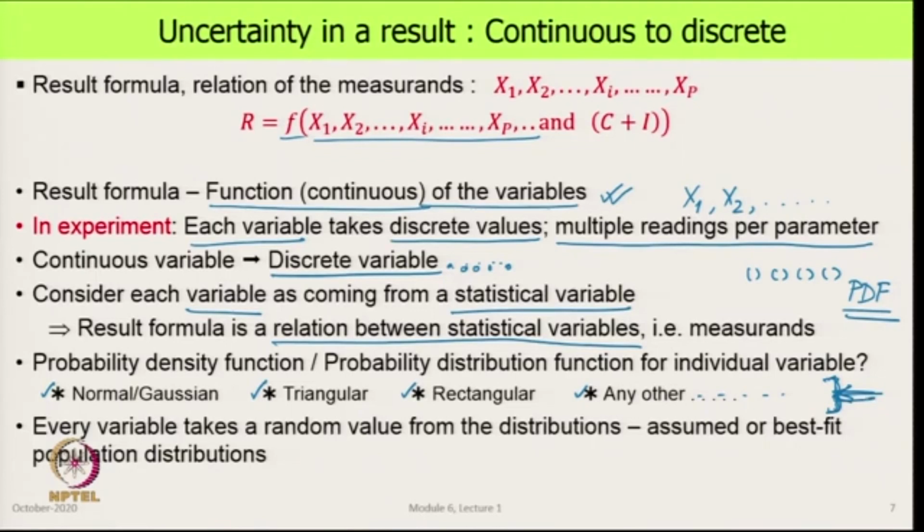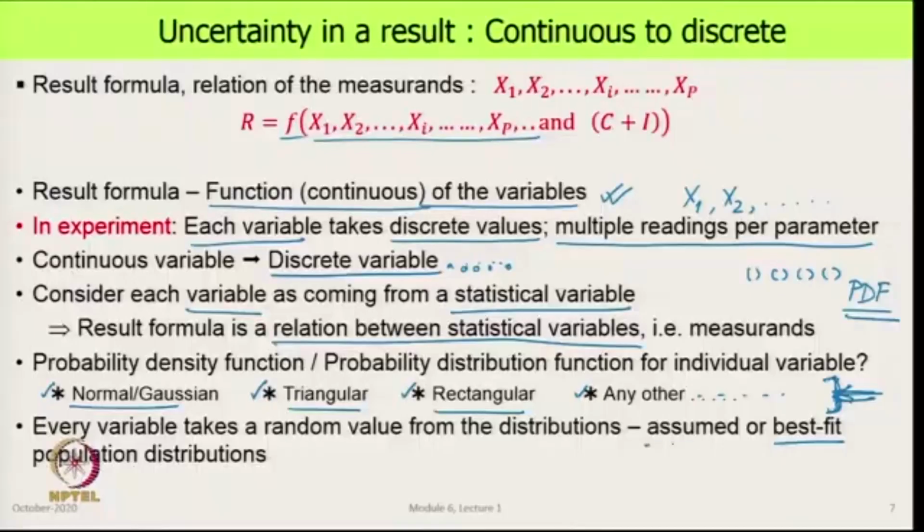So, what we could do is take all this data, and if we wanted, we can make a best fit population distribution function on it, or we could assume, as we do in many of the analyses, that it is coming from one of these distribution functions. And once you have done that, it tells you that the standard deviation can be calculated like this, the standard error can be calculated like this.